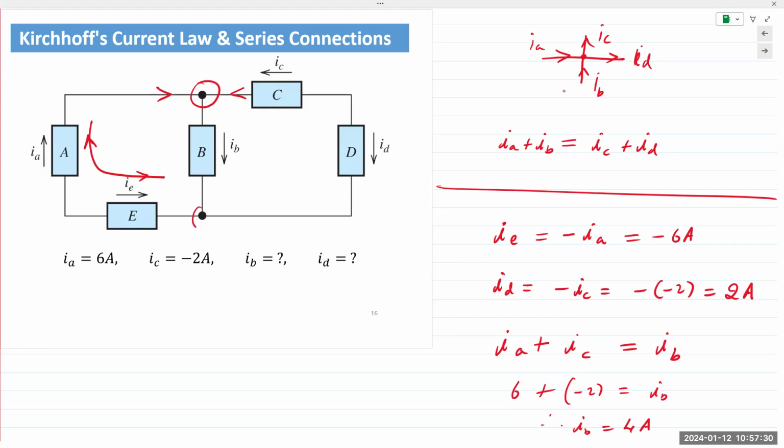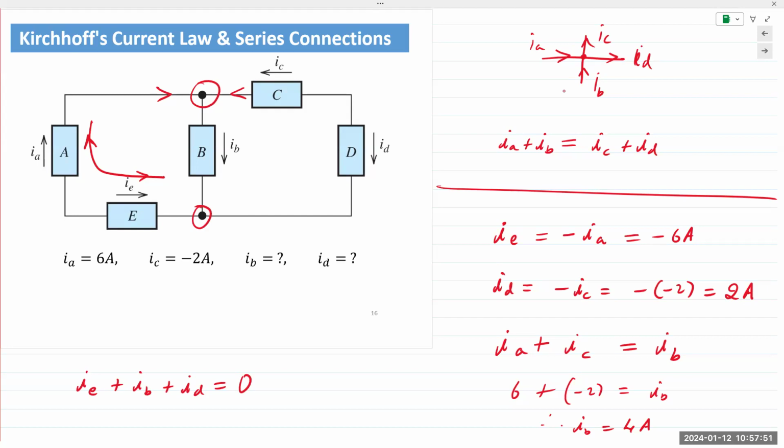If you did try to solve ID, IB, and IE, it would still add up. So if you apply KCL at the bottom, I can say all currents entering equals all currents leaving. But in this case, we have IE, IB, and ID all entering the junction. Nothing is leaving.